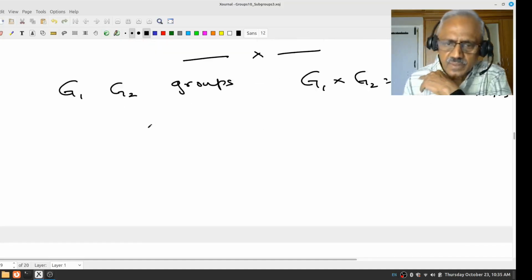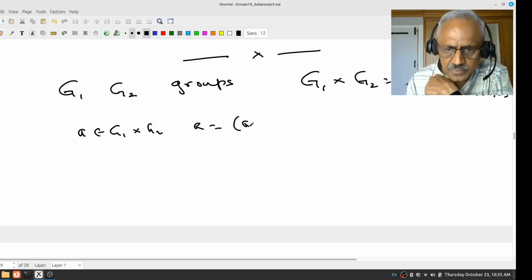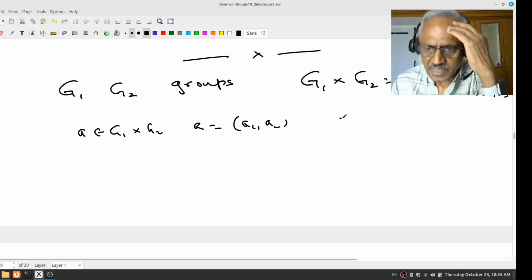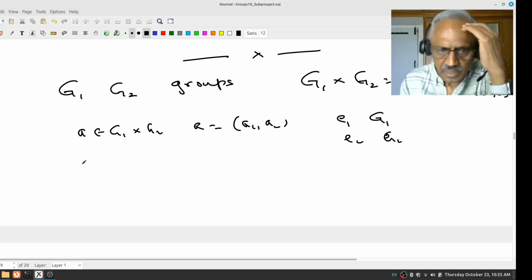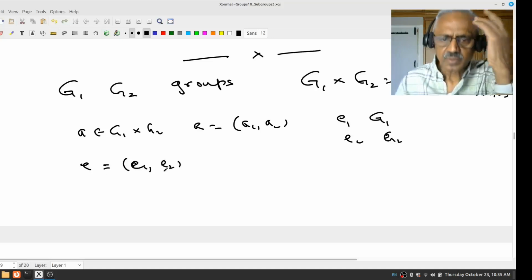Now let me denote any element a of G1 cross G2; a stands for (a1, a2). Just for definiteness' sake, let e1 be the identity of G1, e2 be the identity of G2, and e be the ordered pair (e1, e2).